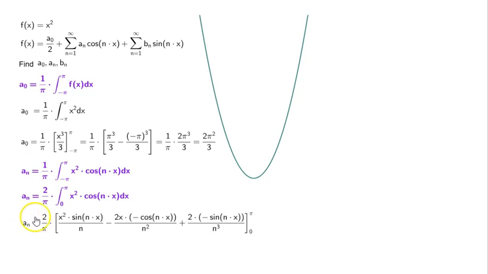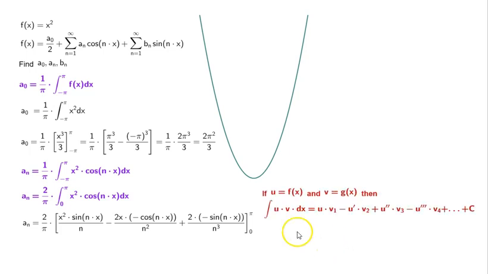Now let's apply this. We get an is equal to 2 by pi times, and this is where we need to apply integration by parts. So what is that? If u is equal to f of x and v is equal to g of x, then the integral of u times v dx is equal to u times v1.